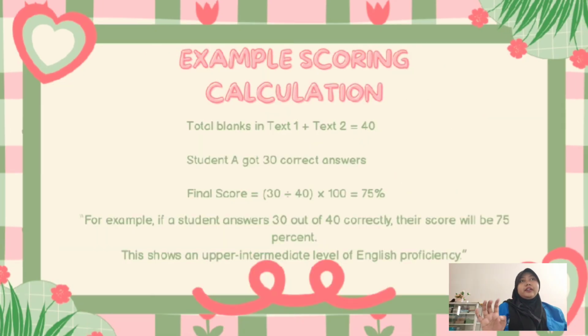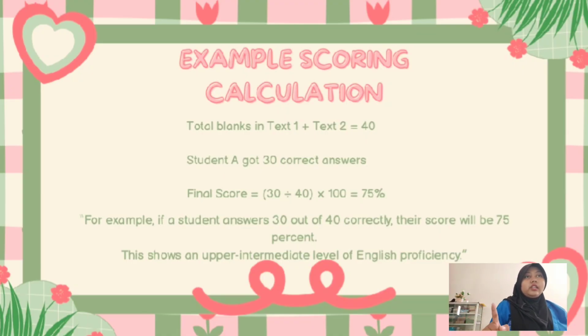In slide 10, example scoring calculation. Total blanks in all examples, text 1 and text 2, is 40. Student A got 30 correct answers.